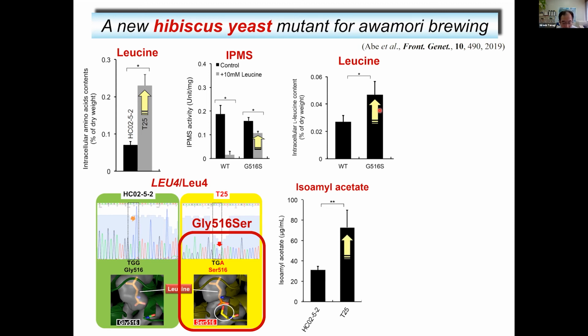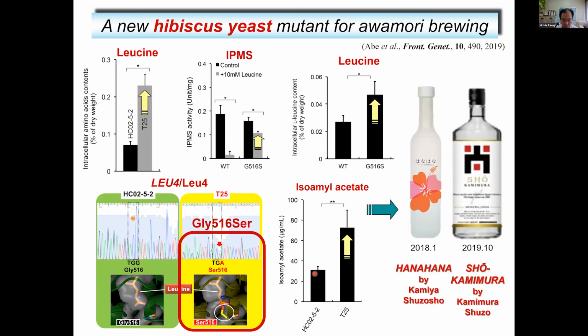On a laboratory scale, awamori brewed with the strain T25 showed a higher concentration of isoamyl acetate than that brewed with the parent strain. Finally, this awamori was recently commercialized by local brewers in Okinawa under the brand name Hanahana and also Sho Kamimura.